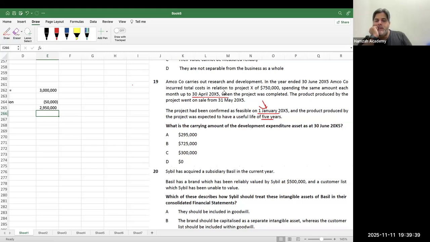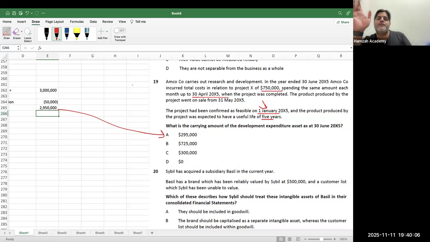The total cost in relation to the project was 750,000, spending the same amount up to 30th April when the project was completed. The product went on sale, confirmed feasible on 1st January, useful life is 5 years.